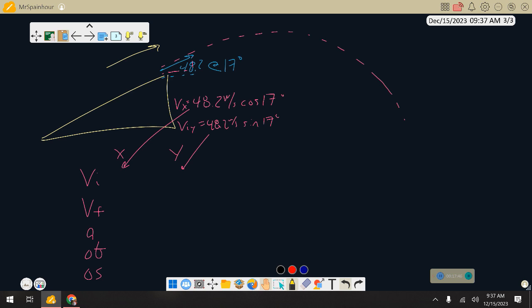First one is 46.1 meters per second x hat. 14.1 meters per second y hat.